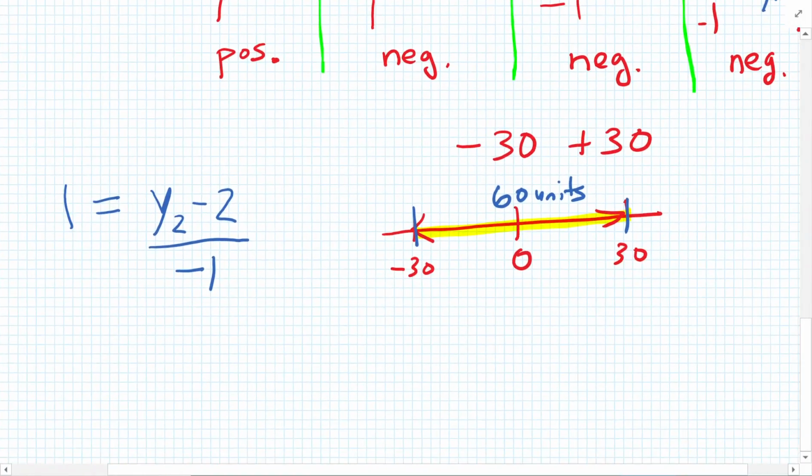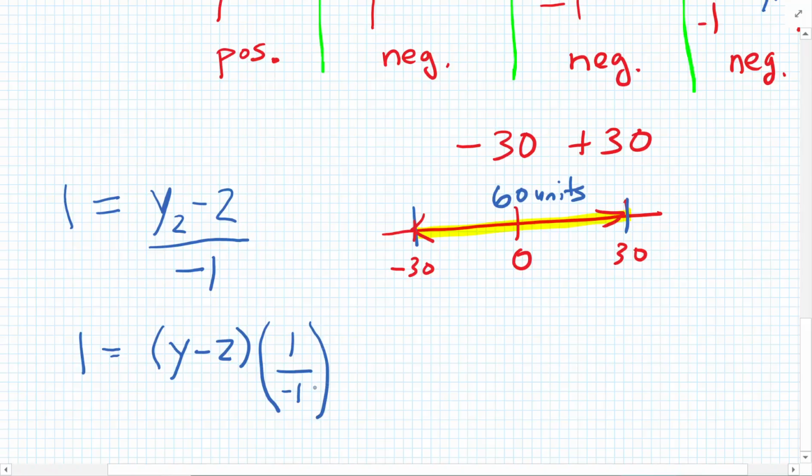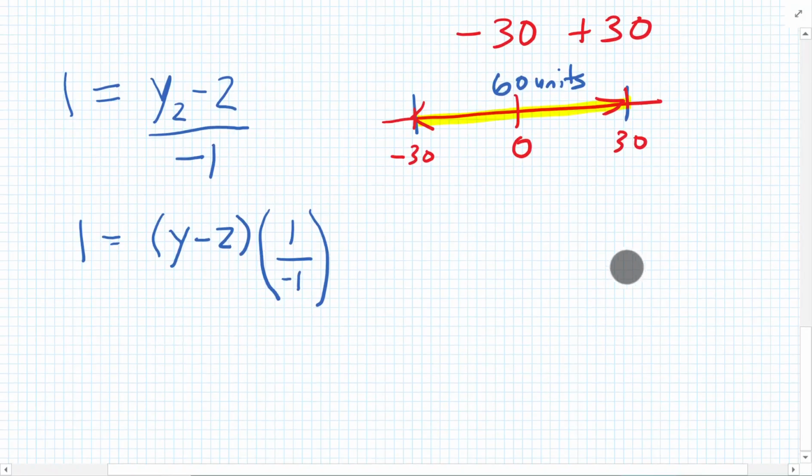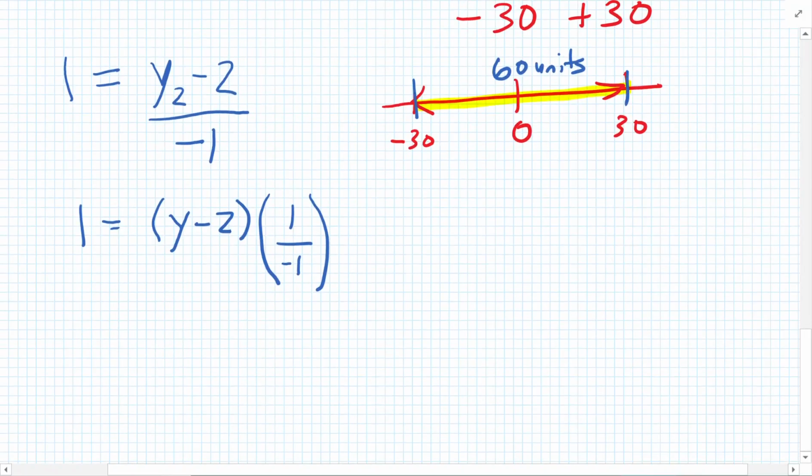So let's do that. 1 equals, but I'm going to put this in parentheses now. And then next to that I'm going to multiply by 1 over negative 1. That's basically what we're dealing with here. If you don't see that clearly, let's do this.